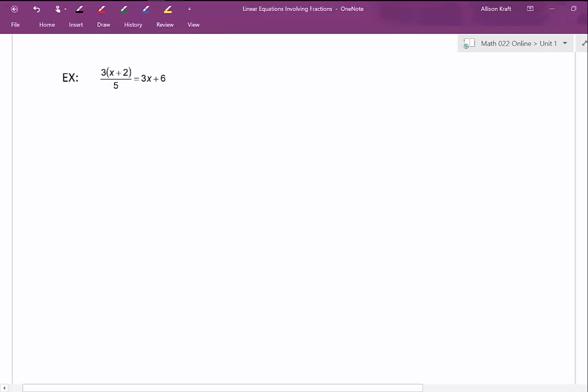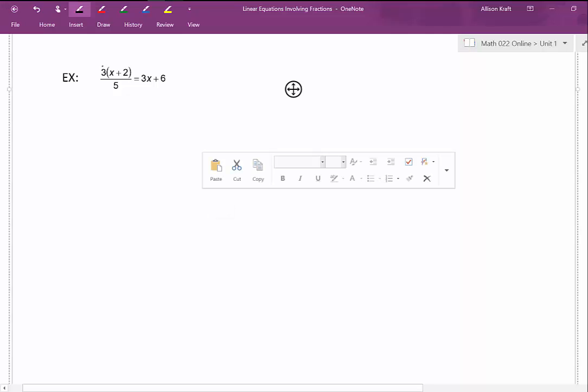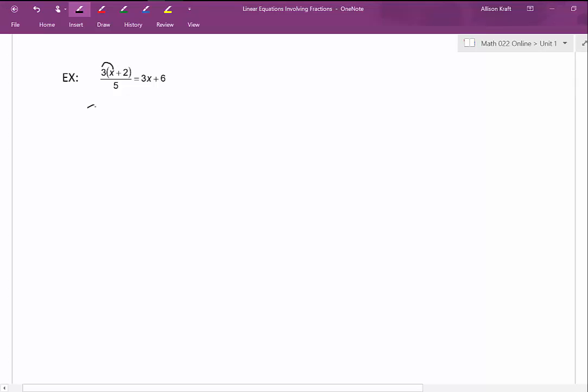In our last example, not only do we have a fraction, but we have parentheses. Following the steps that I outlined in the previous lecture, we want to start by distributing. 3 times x is 3x. 3 times a positive 2 is plus 6 over 5 equals 3x plus 6.